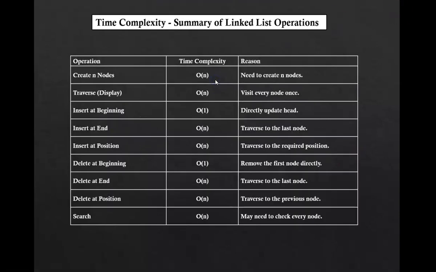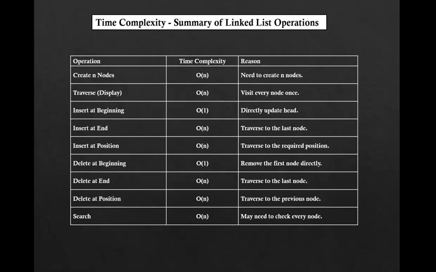Done. So this is the summary of the linked list operations, the complexity. Creation takes order of n time. Traversal also takes order of n time because you need to create n nodes in creation, and visit n nodes in traversal. Insertion at the beginning is a direct update to the head, so it is only order of 1.